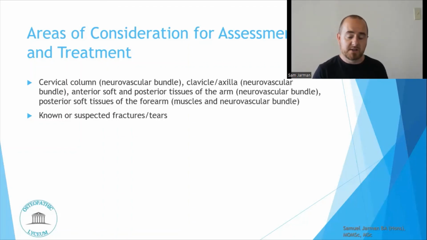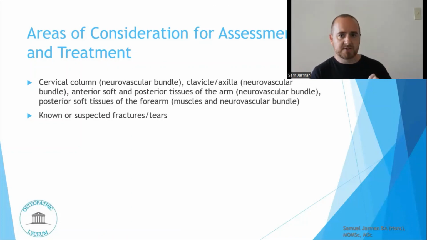As far as contraindications and red flags, known or suspected fractures or tears in any of those areas, right? So from the neck to the clavicle to the axilla, to the humerus, to the radius, to the ulna, to the carpals, metacarpals, phalanges, known fractures, known tears, you don't treat them because you can cause more damage to them.